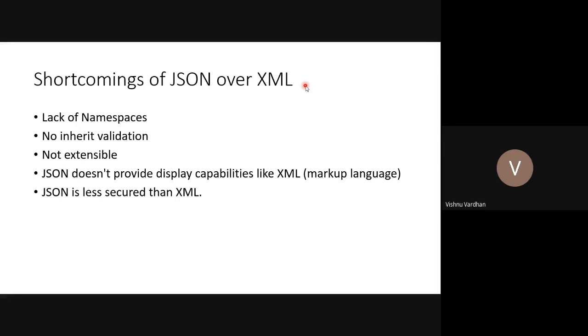So many capabilities are there when you talk about XML. But JSON is mainly intended for easy data exchange, easy write and read capabilities whenever you are doing JavaScript programming.